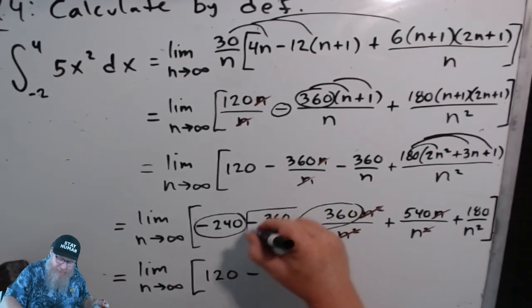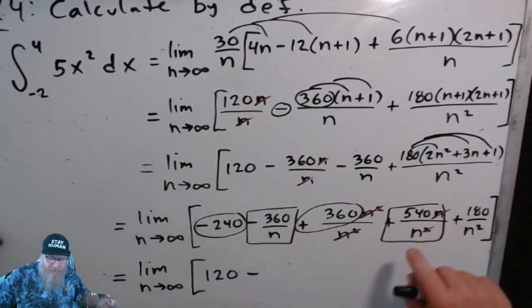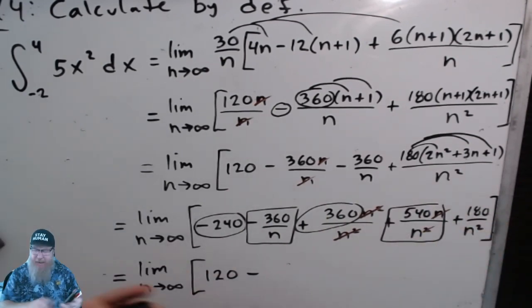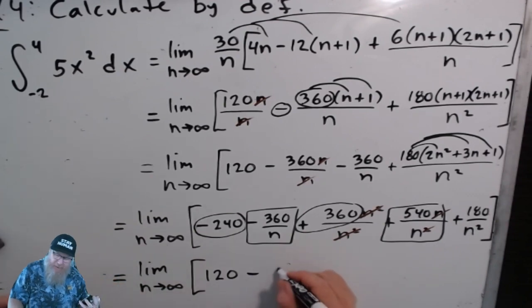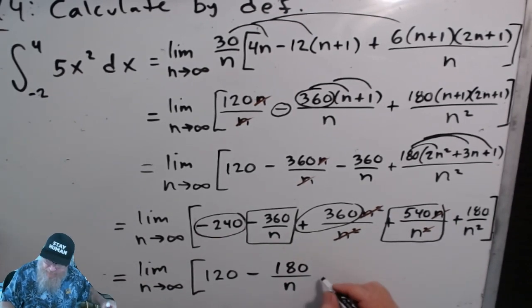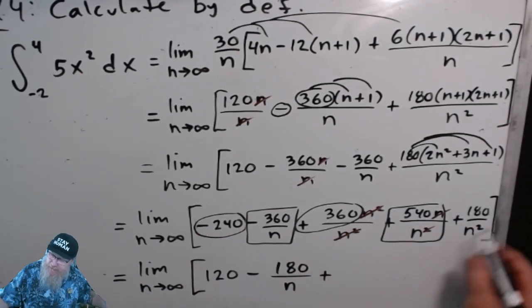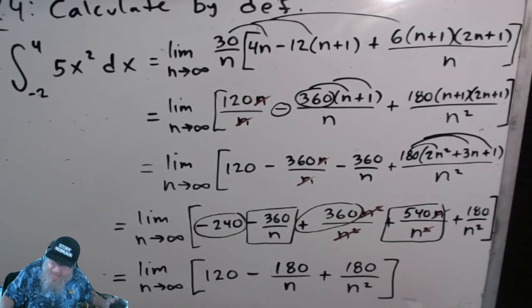I got negative 360 over n and positive 540 over n. And again, my brain hurts, so 540 minus 360. If your brain hurts too, that means it's working. If it hurts, it must be the right thing. And then 180 over n squared.